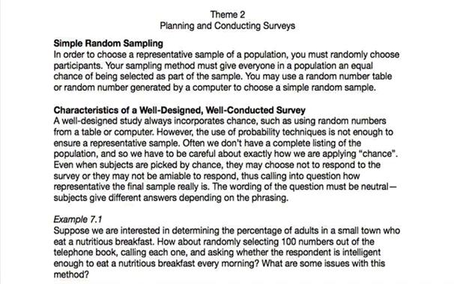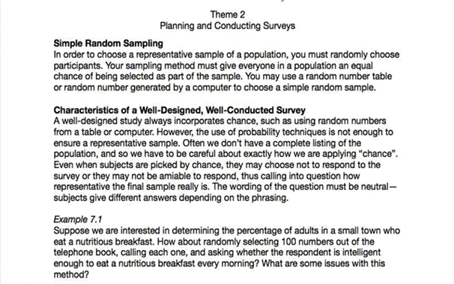All right, so we're going to move over into your review 7, and this has to do with planning and conducting surveys. When we were discussing how you go about doing surveys, one thing that we mentioned over and over again was random sampling. Simple random sampling is the way that you choose a representative sample of a population.